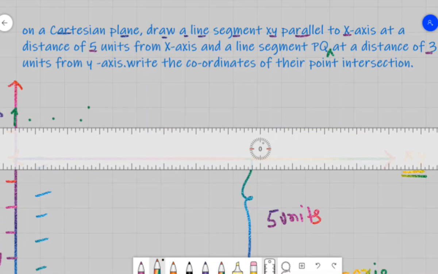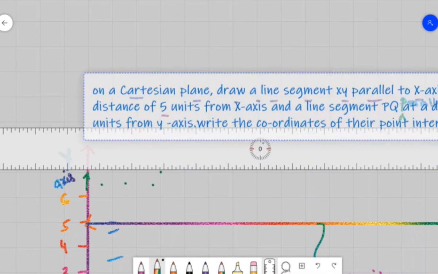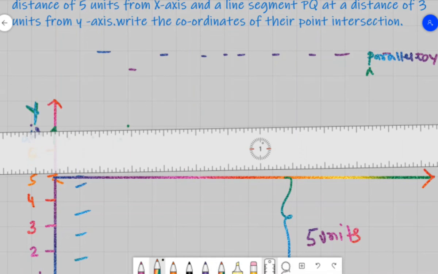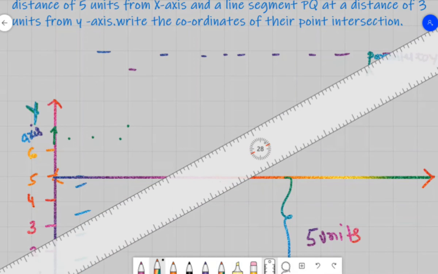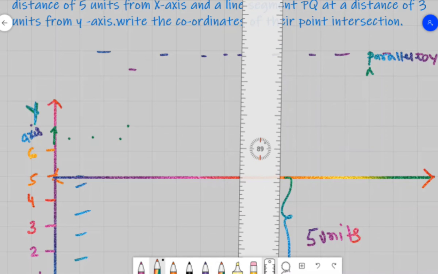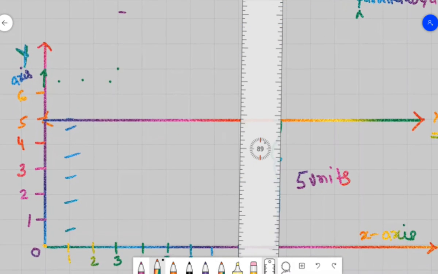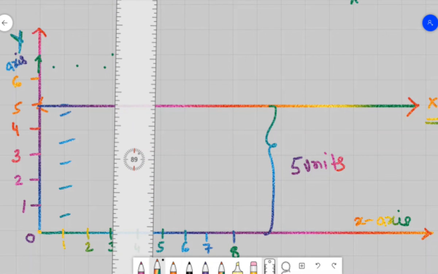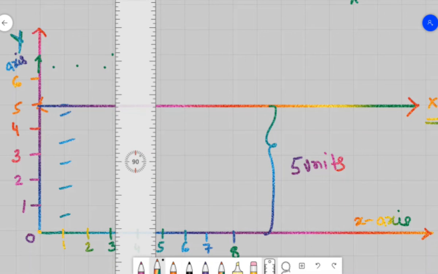PQ should be parallel to y-axis. So how shall we draw it? Parallel to y-axis means perpendicular to x-axis. And see, 3 units I have already told you how it comes, this will come at this place.